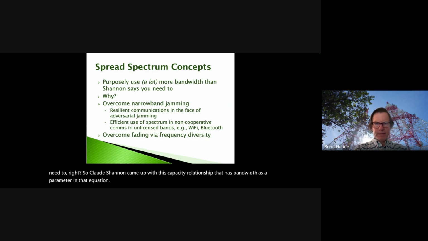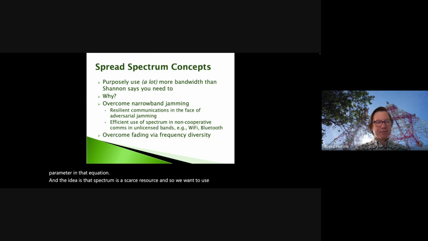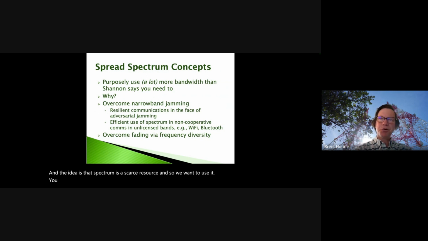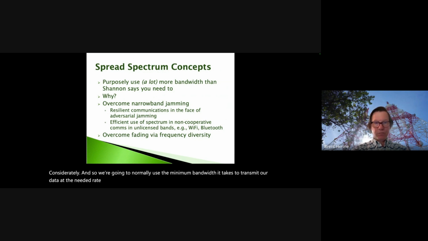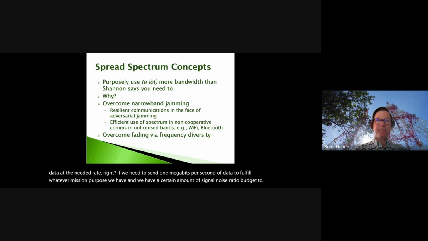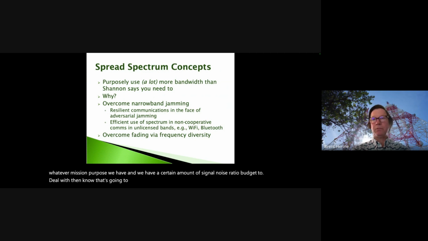And the idea is that spectrum is a scarce resource, and so we want to use it considerately. And so we're going to normally use the minimum bandwidth it takes to transmit our data at the needed rate, right? If we need to send 1 megabit per second of data to fulfill whatever mission purpose we have, and we have a certain amount of signal-to-noise ratio budget to deal with, then that's going to determine the bandwidth we need to use, right?